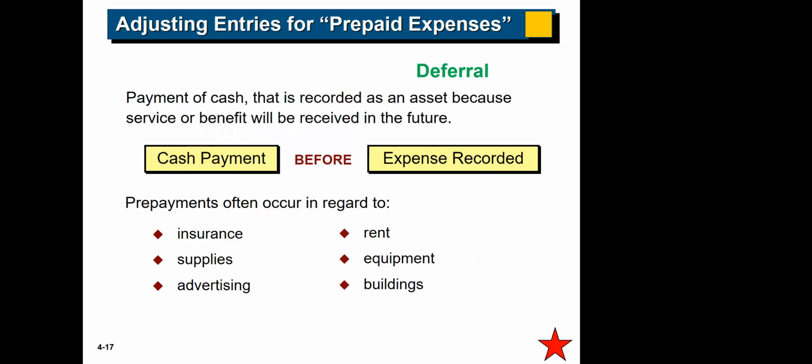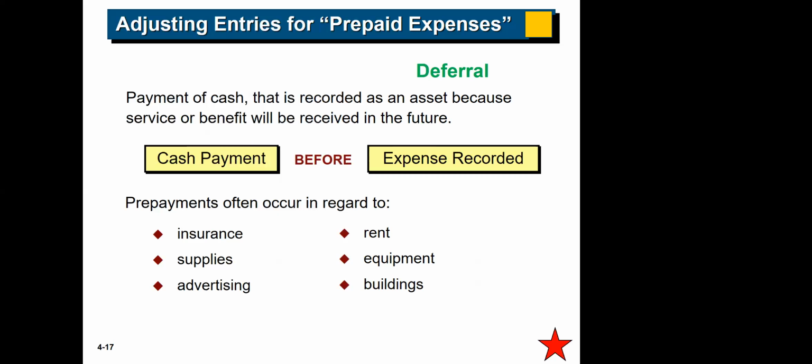Adjusting entries for prepaid expense. The payment of cash is recorded as an asset because the service or benefit will be received in the future. So we're making the cash payment before the expense is recorded. These are the common things that are going to have an adjusting entry around them.